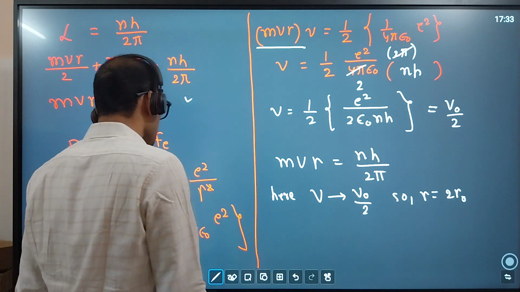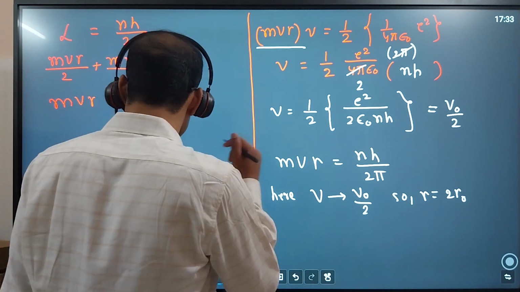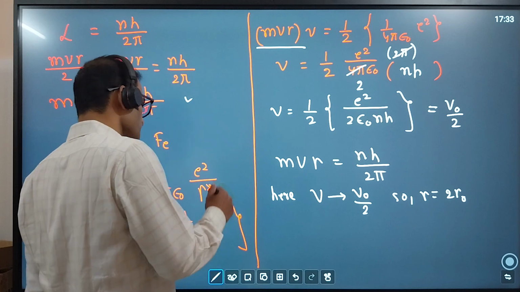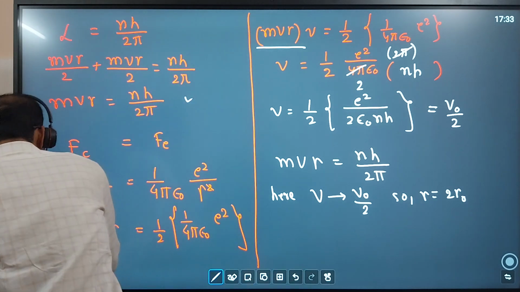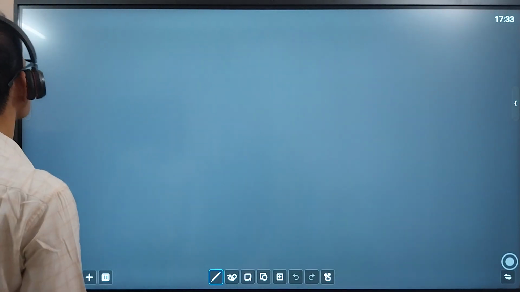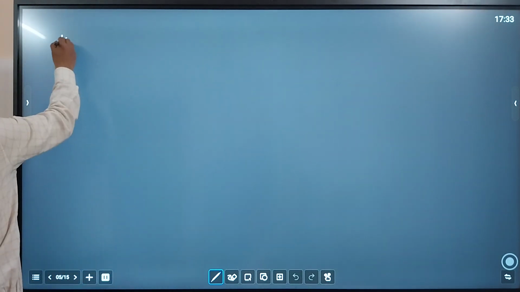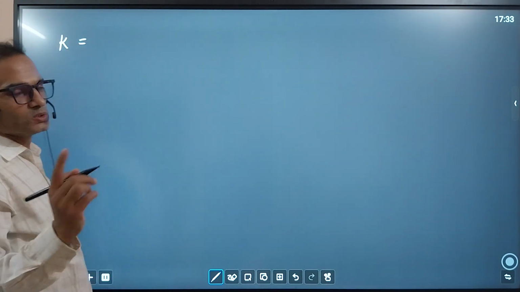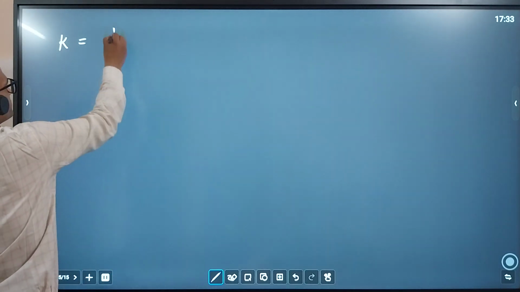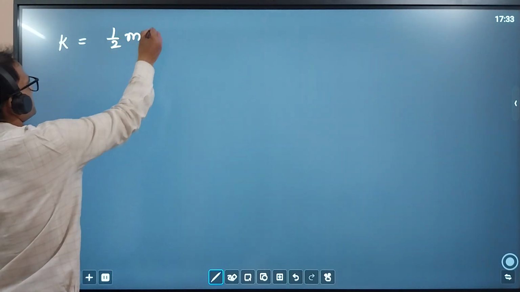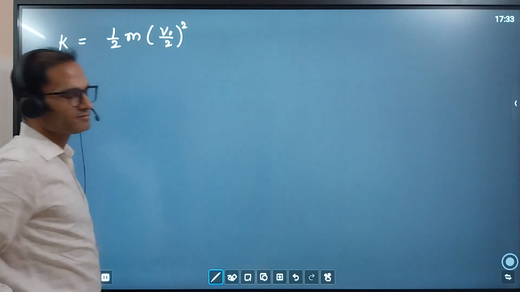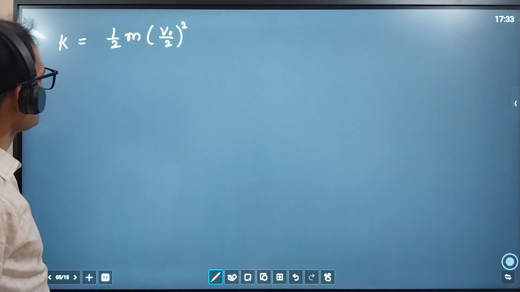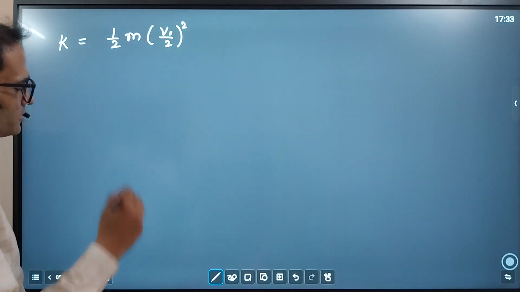Now we are going to calculate the kinetic energy and potential energy. How to calculate the kinetic energy? For kinetic energy, we have two things. One, we have the electron, and the kinetic energy of the electron is half m v naught by 2 the whole square.